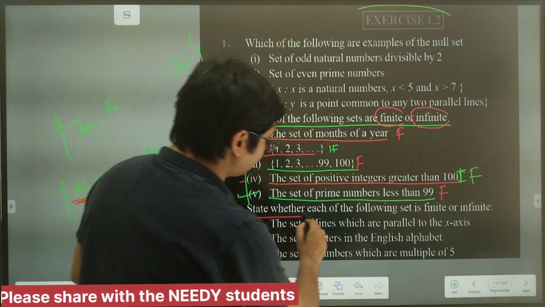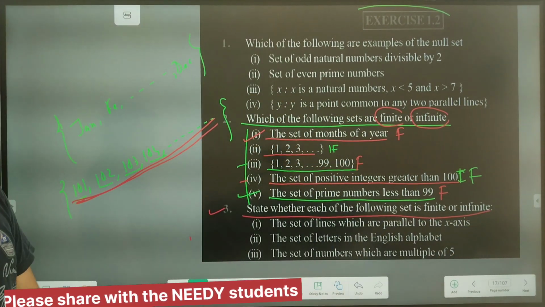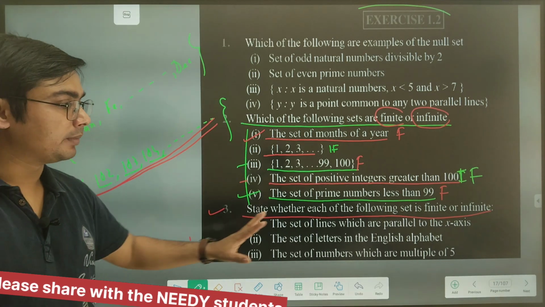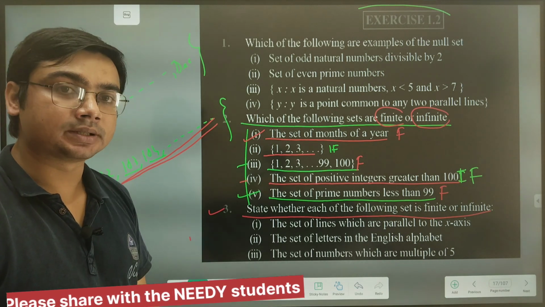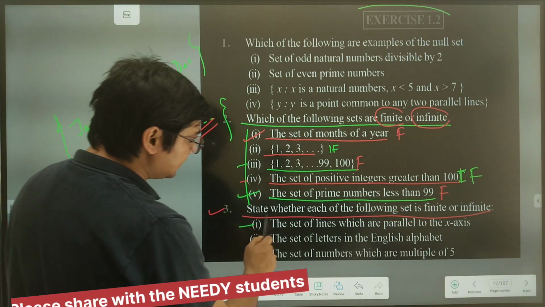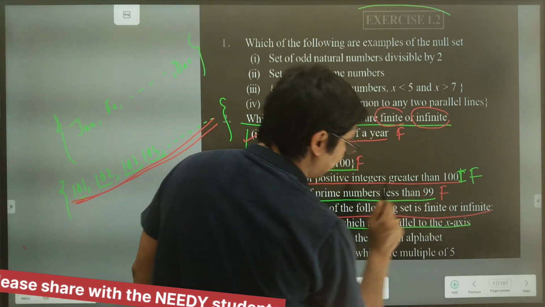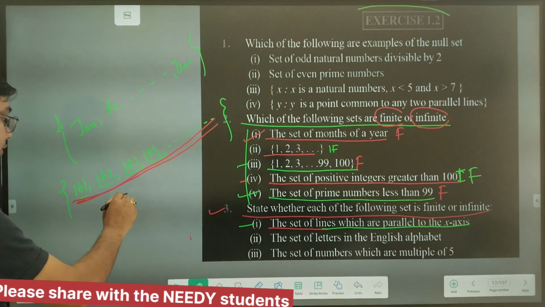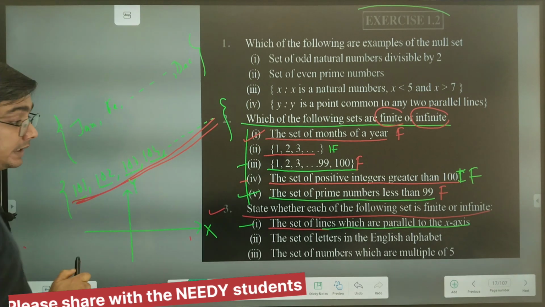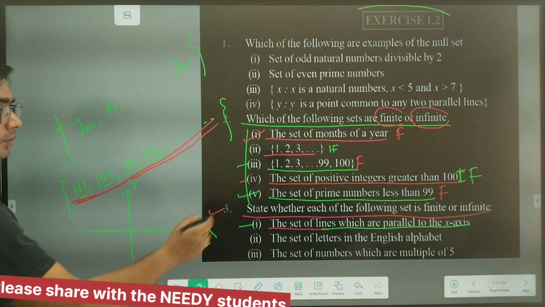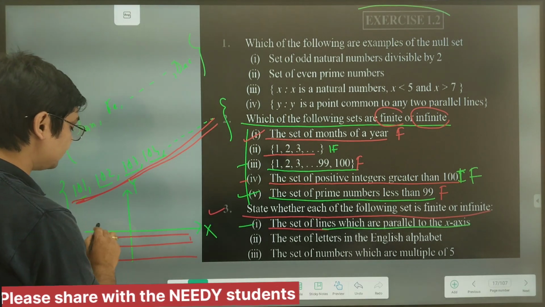State whether each of the following sets is finite or infinite. A similar thing is provided here. The first question: the set of lines which are parallel to the x-axis. Suppose this is our x-axis and this is our y-axis. Now if we draw the lines parallel to the x-axis, how many such parallel lines can we draw?